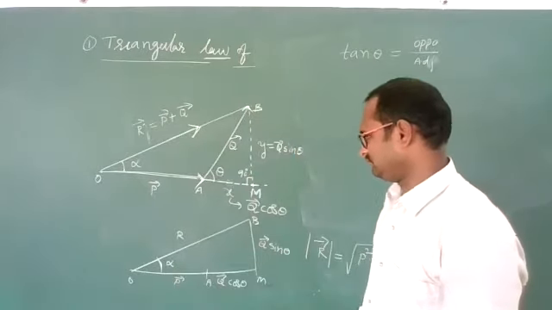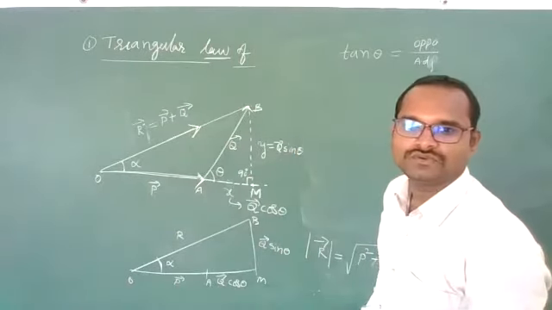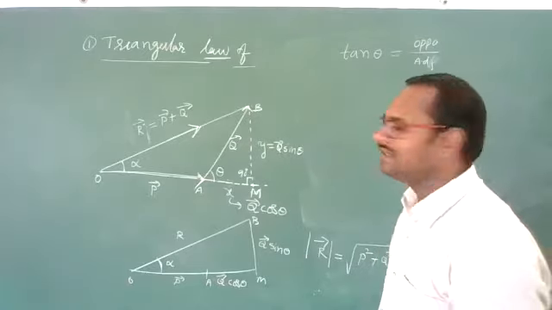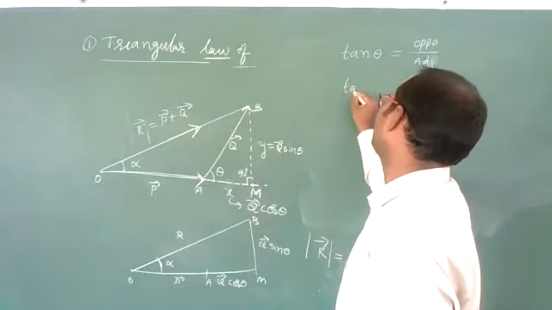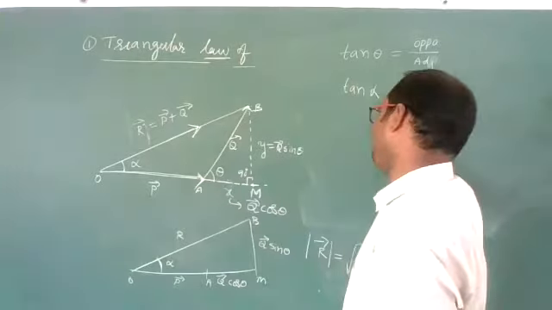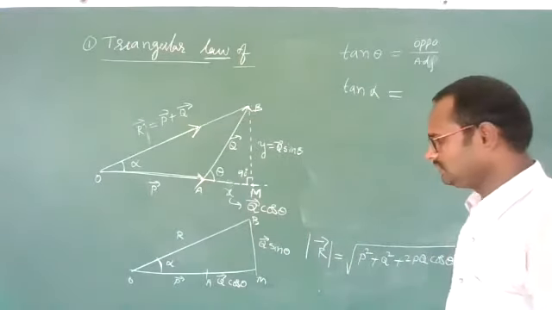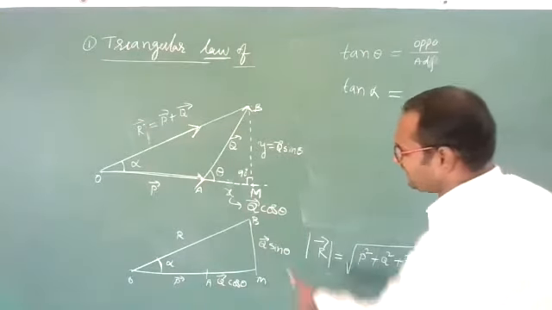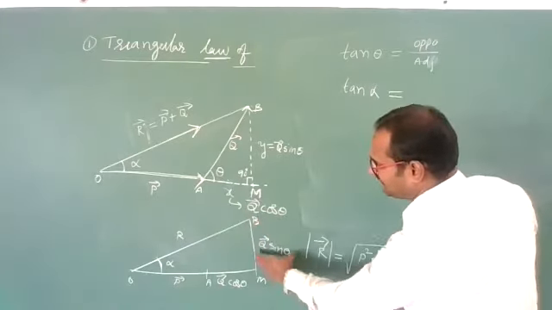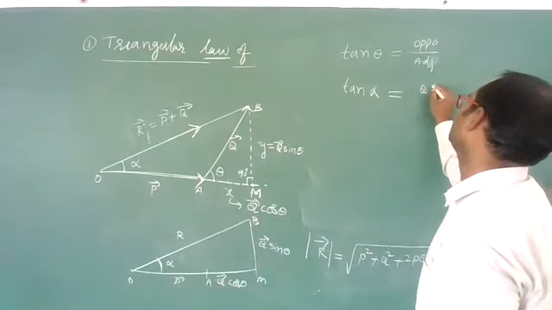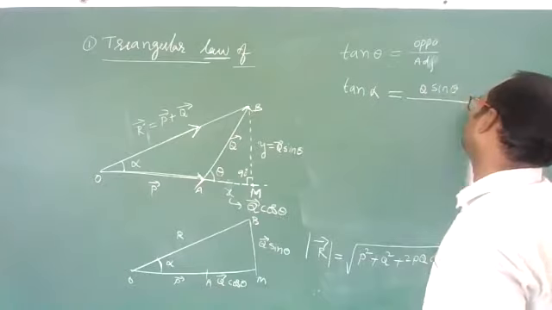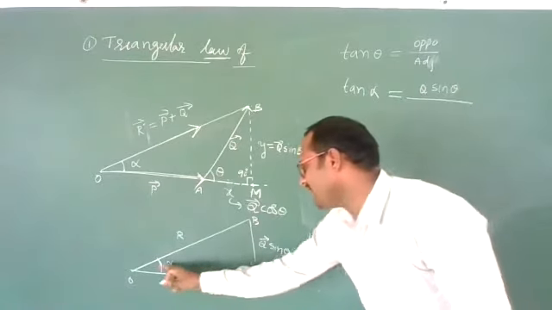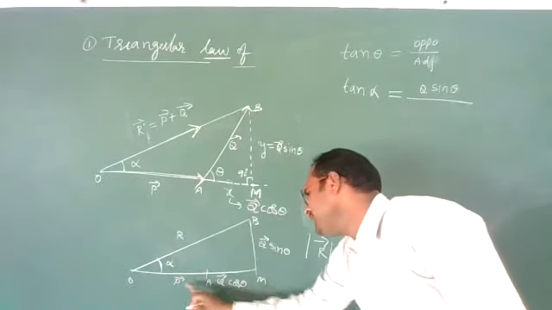So tan alpha is what? Tan alpha is equal to the opposite side, which is q sin theta, upon the adjacent side for this alpha, the total, that is p plus q cos theta.